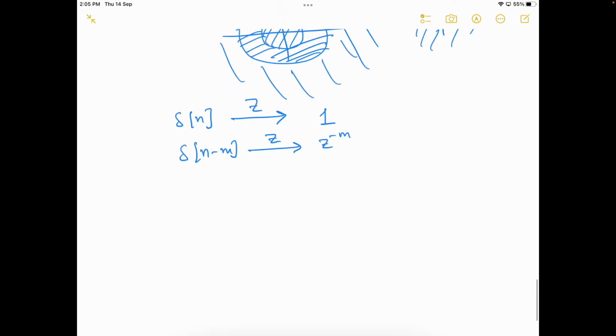Now let's see how this concept is useful to us. We saw some commonly used Z transforms, like delta n is 1, delta n minus m is z to the power minus m, and u of n. What is the Z transform of u of n?